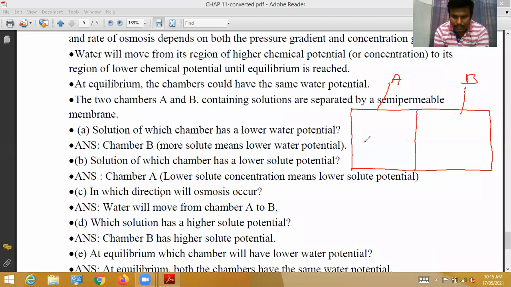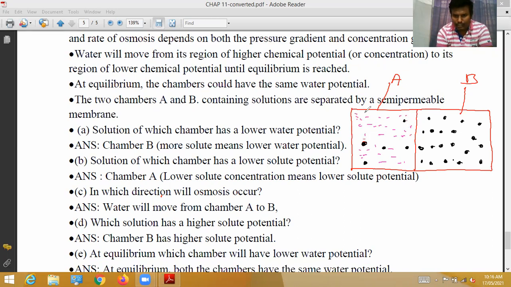So in this one, what was there? These are solutes, 2, 3, 4, 5 solutes are there. Here the solutes are more. The rest is water.